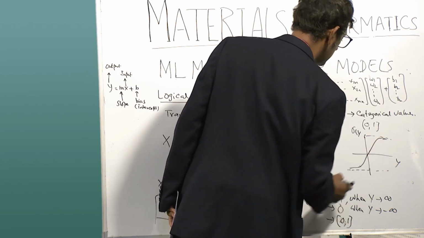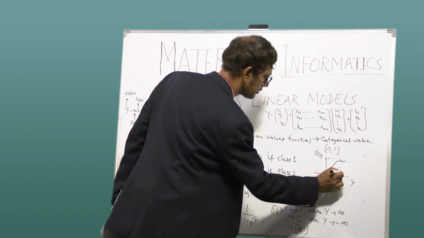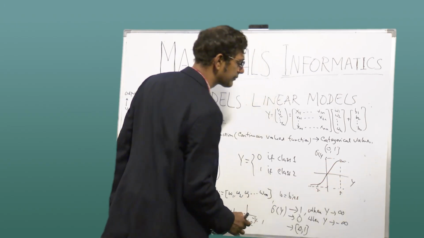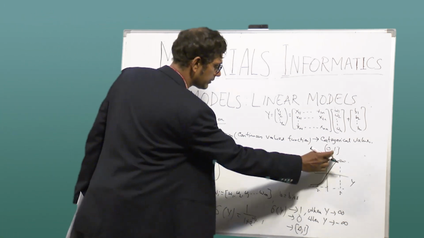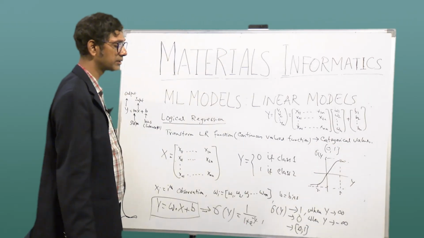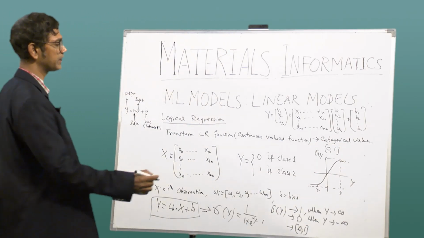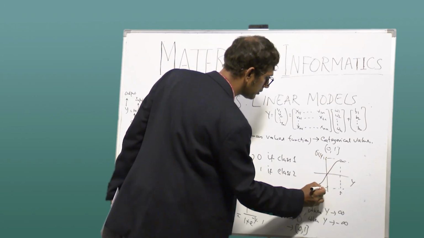Right, and I told you this is minus 5, this is plus 5. So, between this regime, this value is between 0 and 1, bounded values, but above this and below this it becomes 0 and 1. Remember, this is 1, this is 0, this is 0.5.